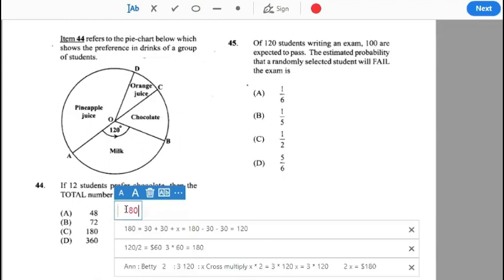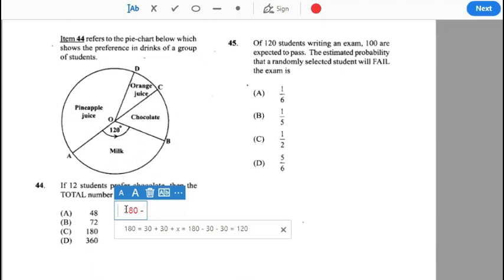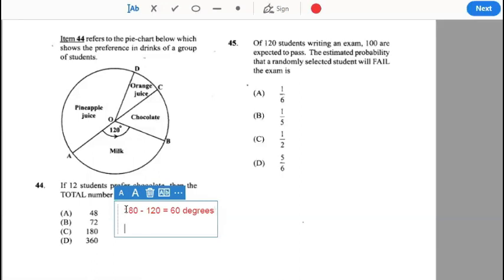So it is 180 degrees minus 120 to give us 60 degrees. And then we're going to use our change in percentage or degrees. What we're saying is 12 students is the same as 60 degrees, then how many students, x, which is what we're trying to find, is 360 degrees, which is the total.